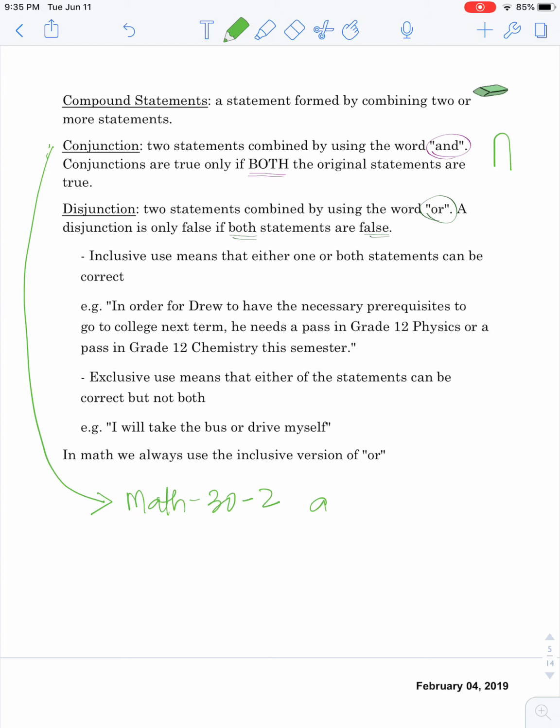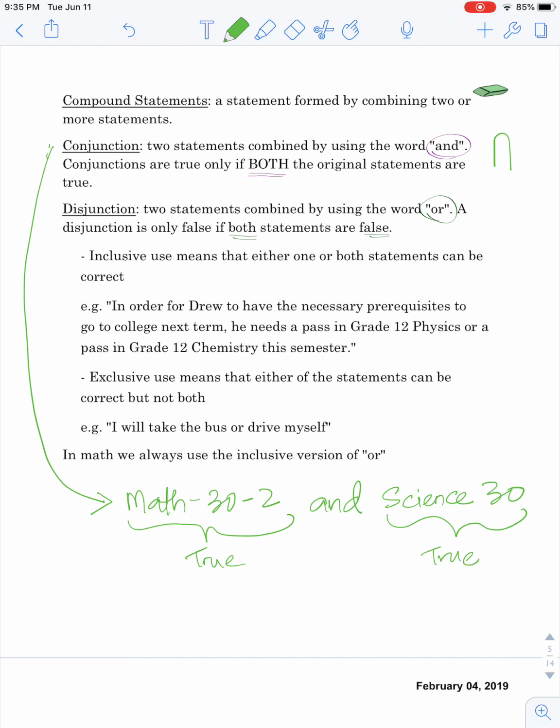30-2 and science 30. This is an example, meaning that in order to get into nursing, you must satisfy both conditions, which is math and science. Both must be true.